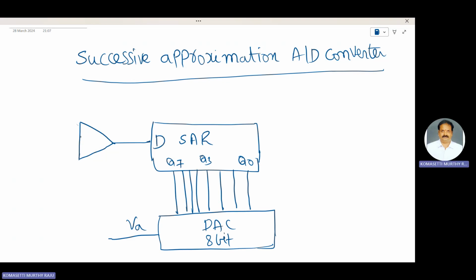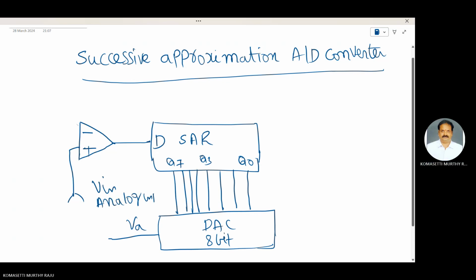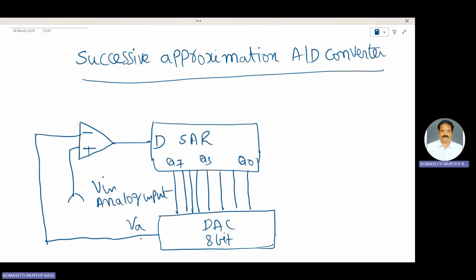This is D, negative and positive, inverting terminal and non-inverting terminal. This one is VIN, the analog input. The unknown analog input is compared to the output of the DAC, that is VA.